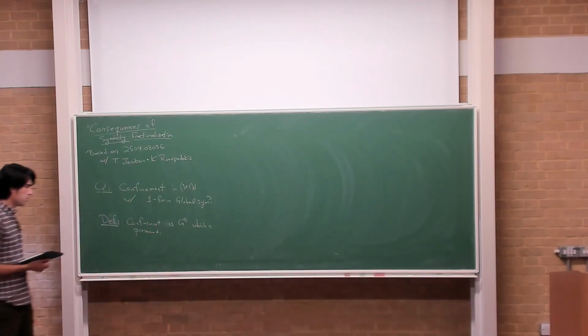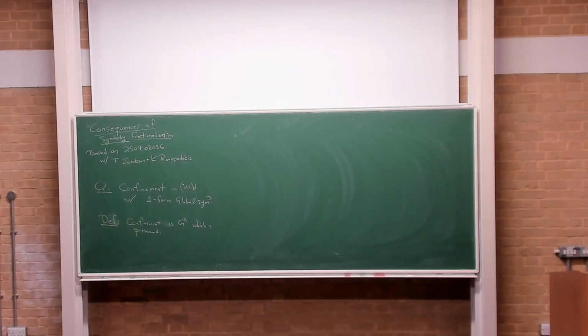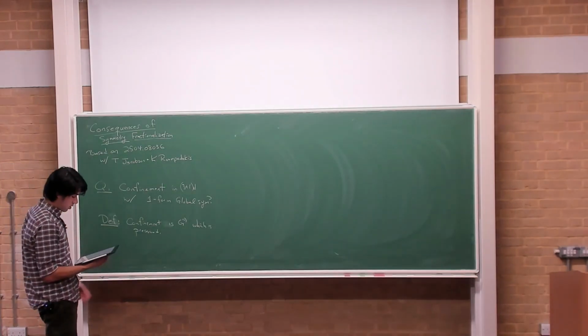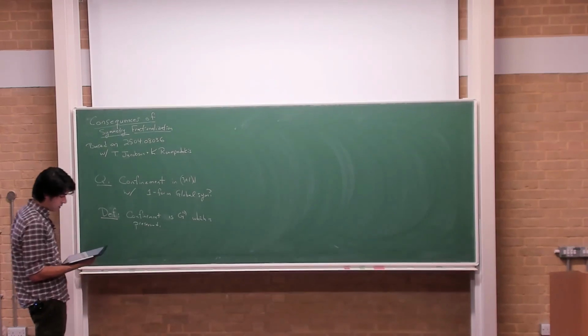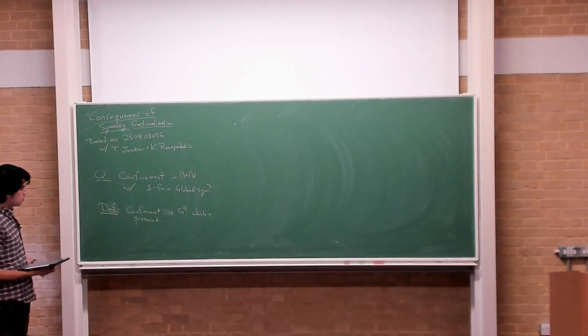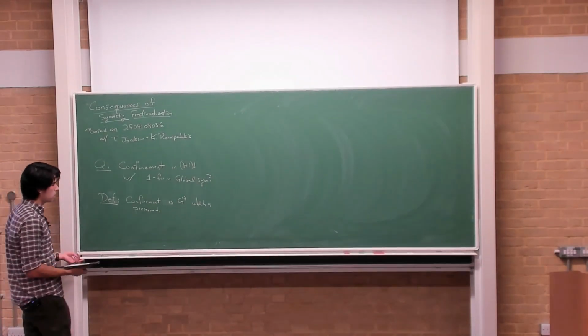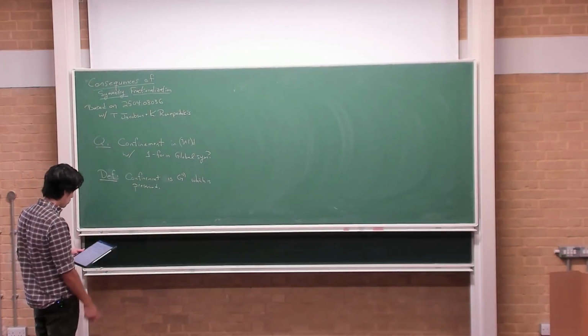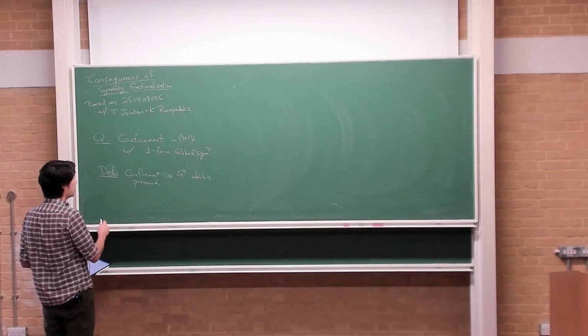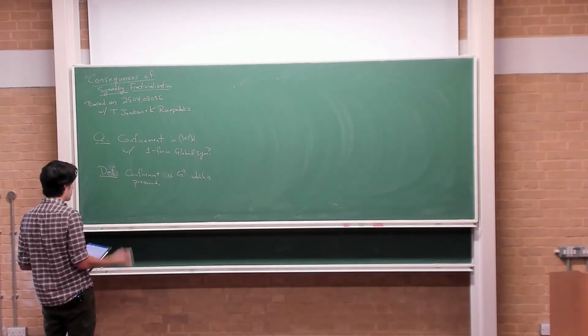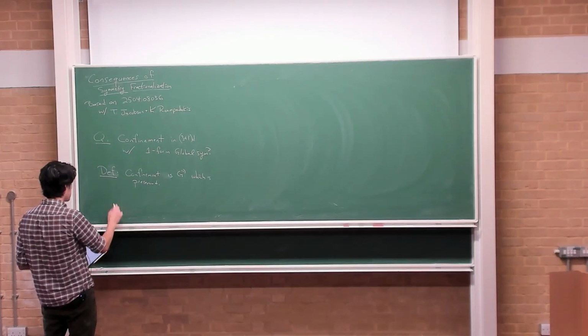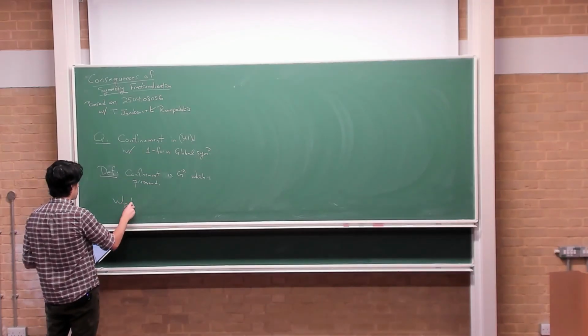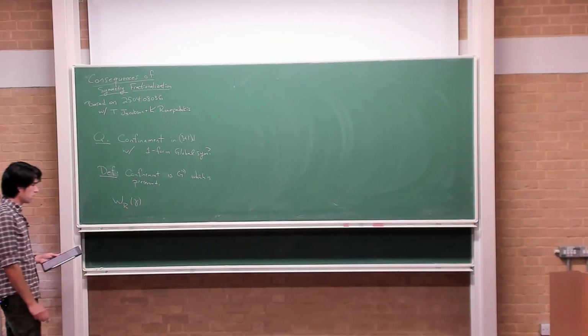Or rather, if you have a gauge theory with a one-form global symmetry, the confining phase is a one-form preserving phase of the theory. And this is nice because once you have a one-form symmetry, you have an order parameter. So in pure gauge theories, you have the Wilson lines as some sort of order parameter.